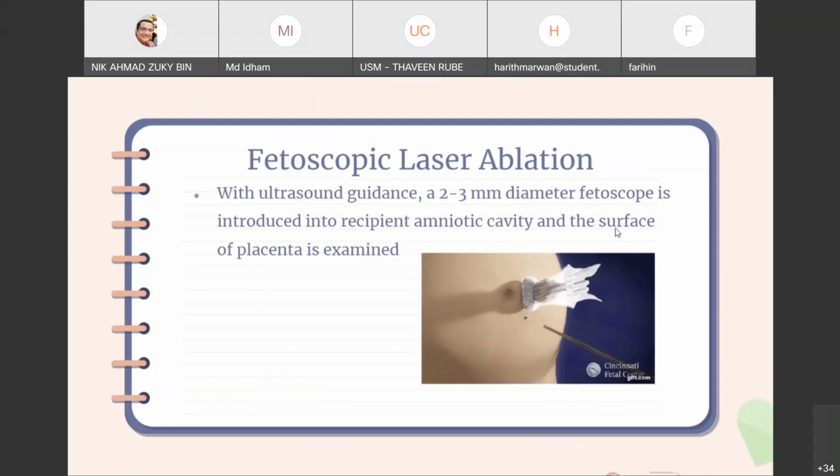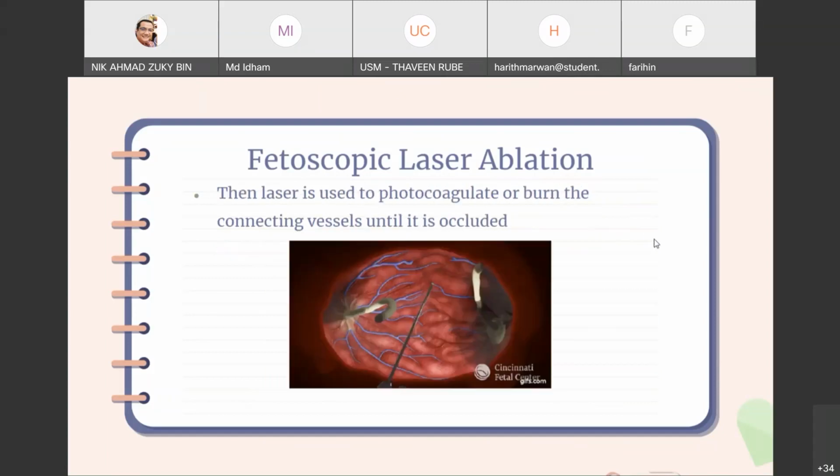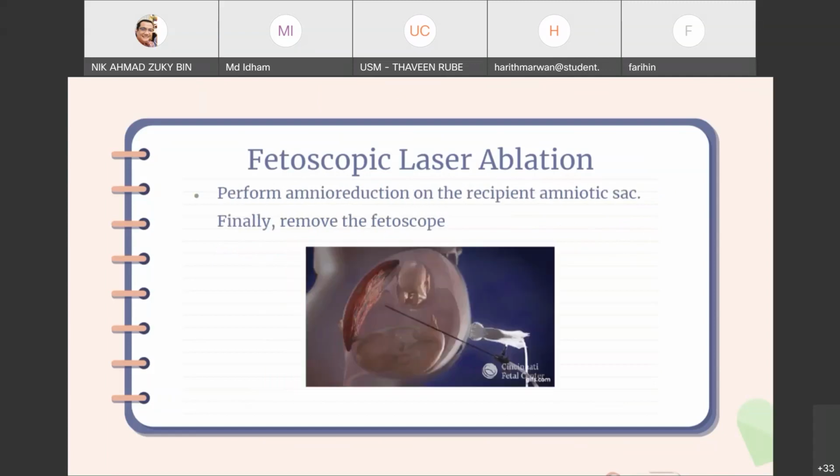With ultrasound guidance, a 2 to 3 mm diameter fetoscope is introduced into the recipient amniotic cavity, and the surface of the placenta is examined. Then a laser is used to photocoagulate, or burn, the connecting vessels until they are occluded. Amnioreduction can also be done using the fetoscope. After amnioreduction and ablation of the connecting vessels, we remove the fetoscope.